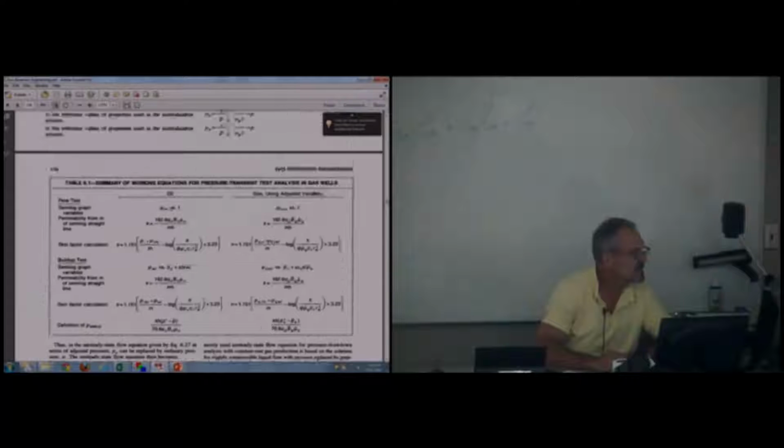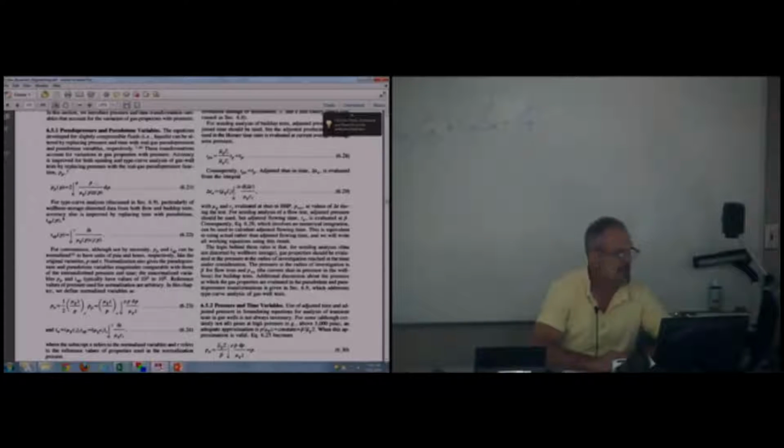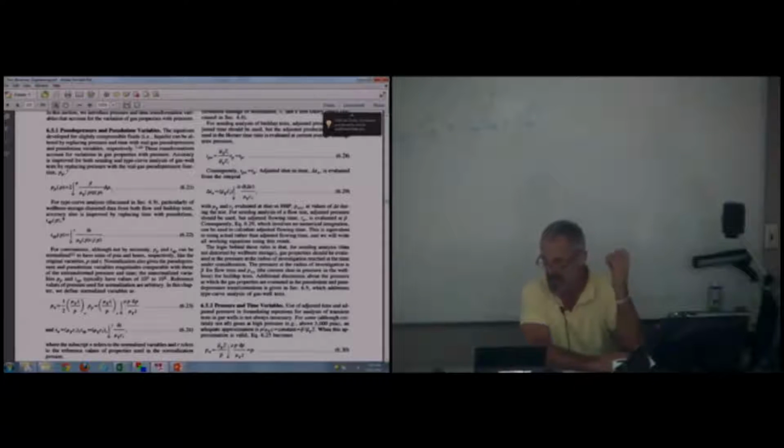I thought I was. It's the integral of pressure dP, so it's going to have P squared. So it's going to be PSI squared. Z doesn't have any units. Viscosity has units of centipoise, so it's PSI squared per centipoise are the units of pseudo pressure.